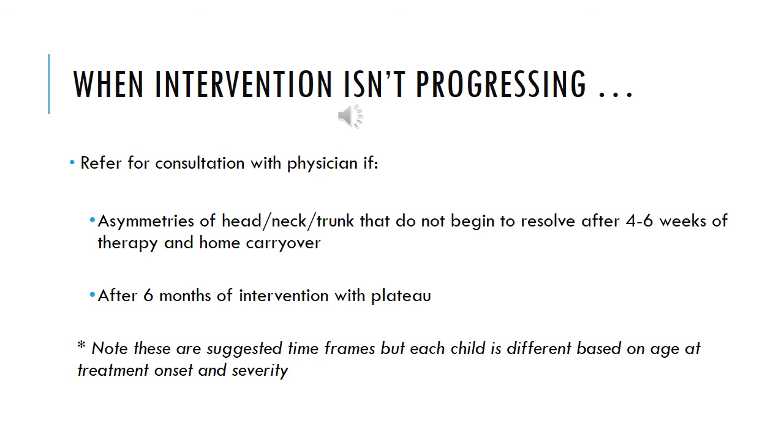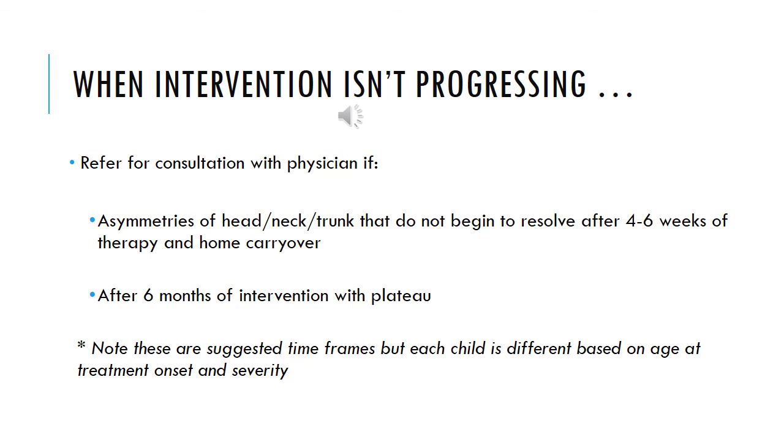So thinking about the carryover at home, there would be a huge difference in expectation if you're dealing with a family who has really great carryover as opposed to an inconsistently carried over home program. But generally speaking, if you don't begin to see resolution of asymmetries after 4 to 6 weeks of therapy and home carryover, then you need to start thinking about being a little bit more aggressive and making a referral back to the physician.